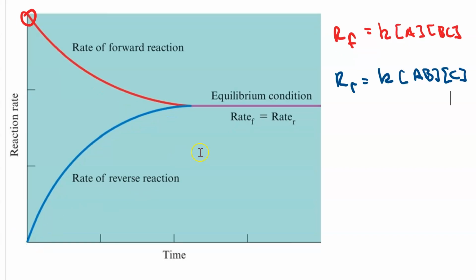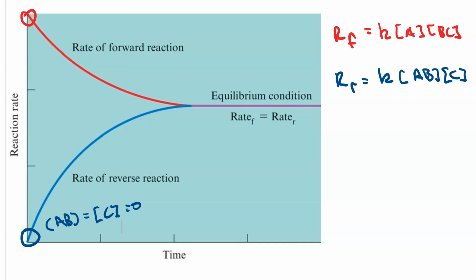Now, recall also that the rate in the reverse direction equals another rate constant times the concentrations of the products. And right here where we're starting, the concentrations of products A, B, and C equal 0, because we only put reactants in our reaction vessel.